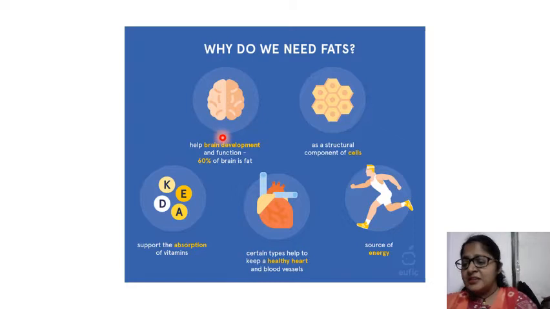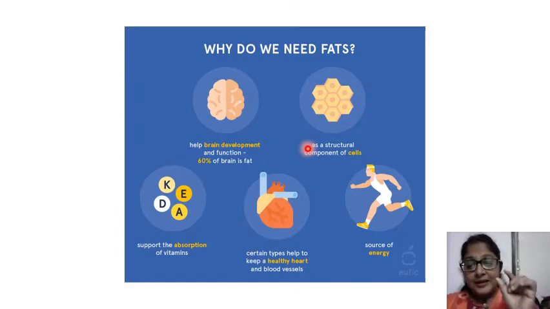So fat doesn't always mean that it is very bad or harmful for our body. There are certain fats which are definitely harmful for our body, but there are also fats which are good for our body. Fat is also a structural component of the cell. It is very important. You know the lipid protein layer or the PLP layer.